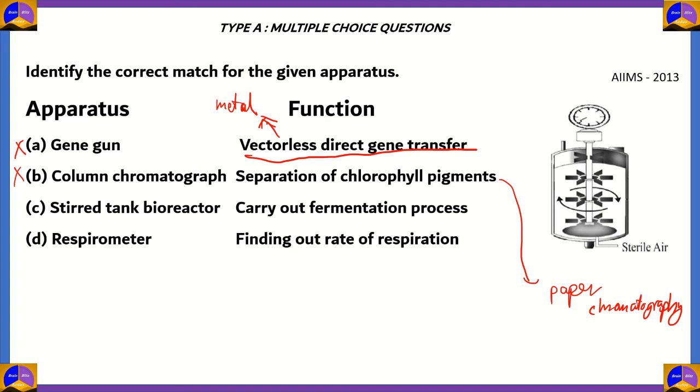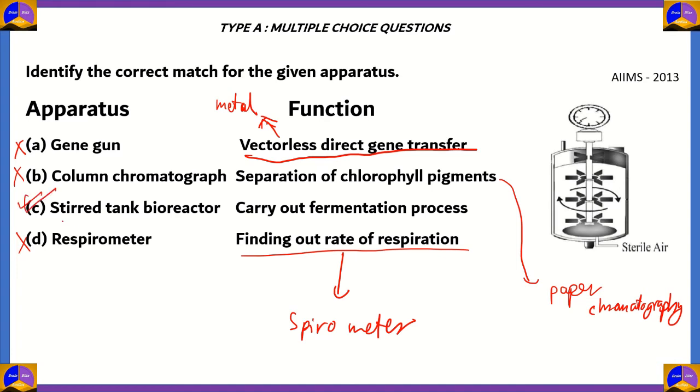So option B is incorrect. If you look at option D, respirometer, it says the function is to find out rate of respiration. The correct answer is a spirometer and not the respirometer. So option D is incorrect because the function is not matching the apparatus.